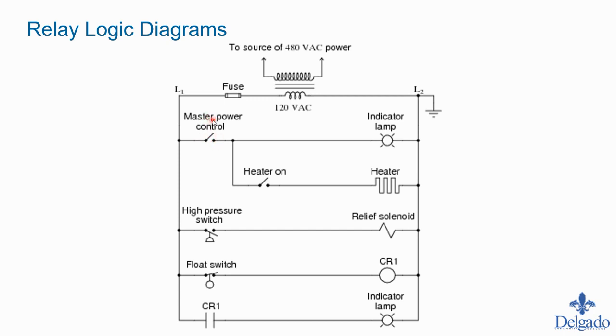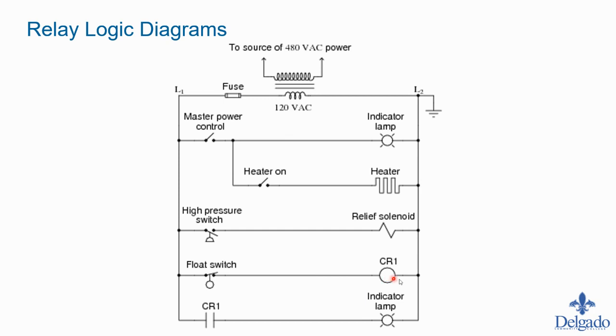So it's good to document that it's the master power control switch. So we can make some assumptions just looking at the schematic with really not even knowing almost anything about what this application is. We know there's some kind of master control switch, which we have to have on. If the heater needs to be on, we know that there's some kind of high pressure switch and a relief. So obviously we're worried about a high pressure possibly.